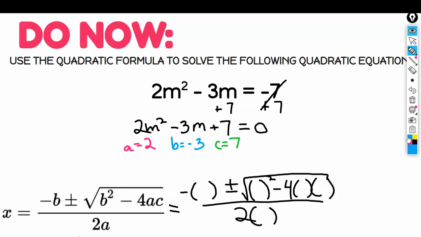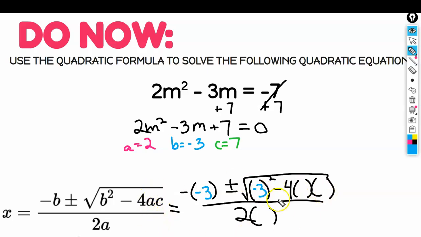So for example, the first parentheses right here used to be a B. So what am I going to put in there? B, which is -3. In this parentheses right here, that was a B, so I'm going to put -3.